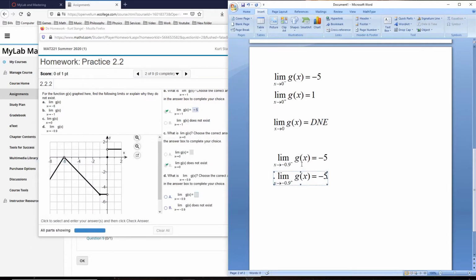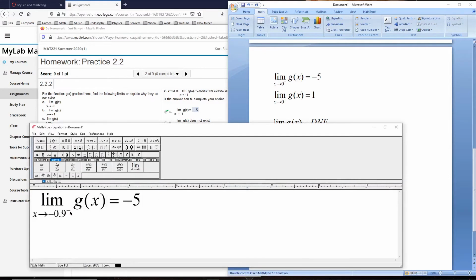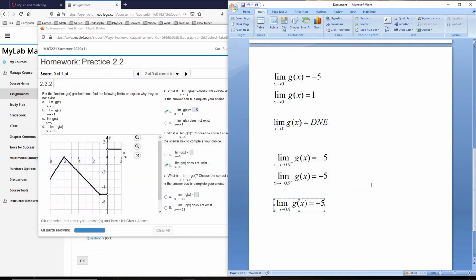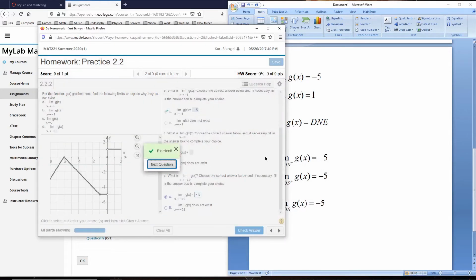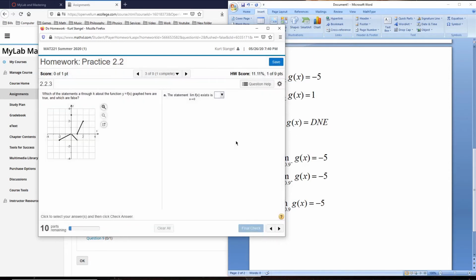So we see they equal, the left and right equal. And then by definition, we can conclude the two-sided limit exists and it equals that number. And that's our answer. Plug that in, -5. And there we go.